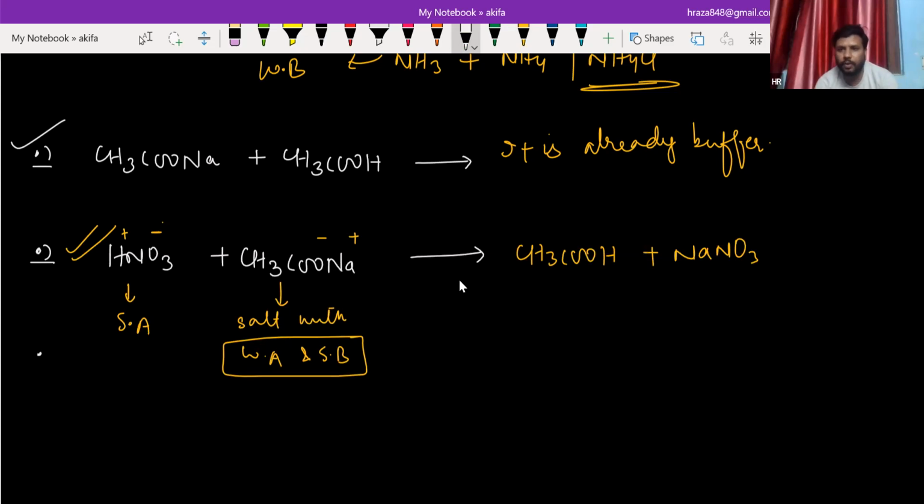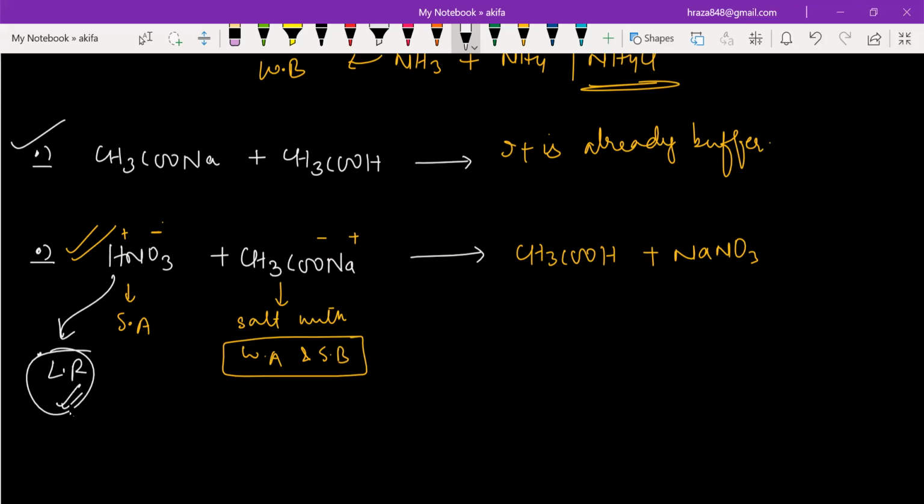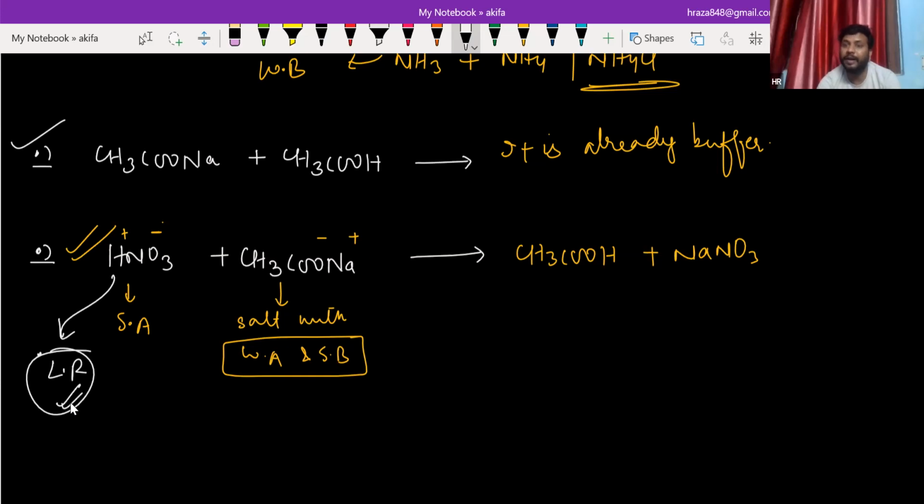I'm not telling you that this will be a buffer solution, but there is a condition under which it can be a buffer solution. Just suppose HNO3 is completely used up in this reaction, that means it is the limiting reagent and will be over after reacting. Do you know what a limiting reagent is? It will be completely used, it won't be left in the reaction, and CH3COONa will definitely be in excess. So what will be left in the solution?